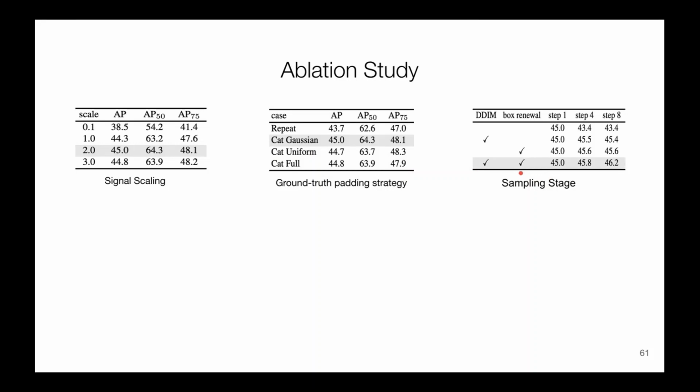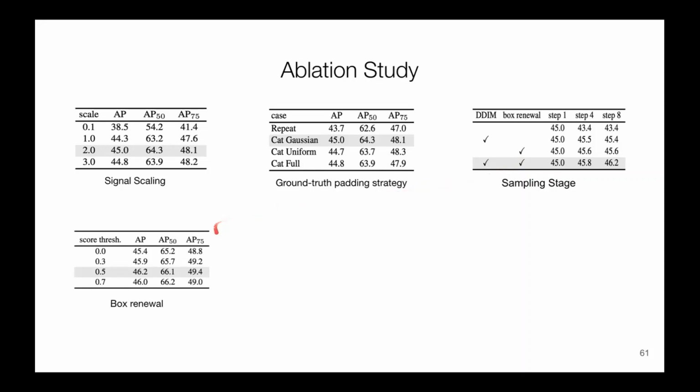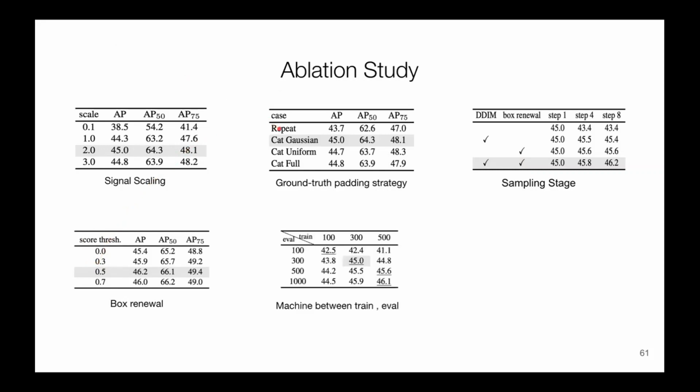And they showed that using DDIM and box renewal together gave the best performance. This is because DDIM estimates the bounding boxes for the next steps, and box renewal removes the undesired predictions. And they set 0.5 for the box renewal threshold.